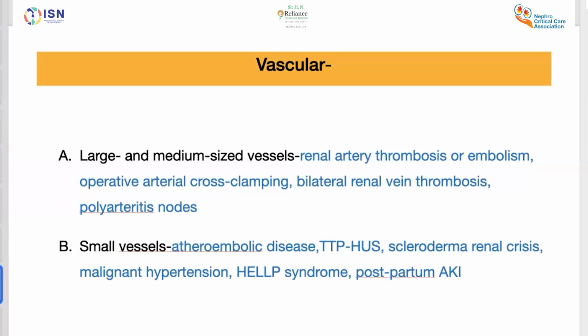Or small vessel diseases like atherosclerotic diseases, thrombotic thrombocytopenic purpura, scleroderma renal crisis, malignant hypertension, HELLP syndrome or postpartum AKI.